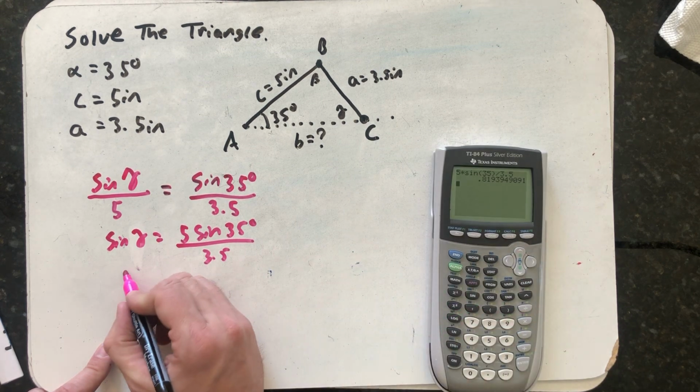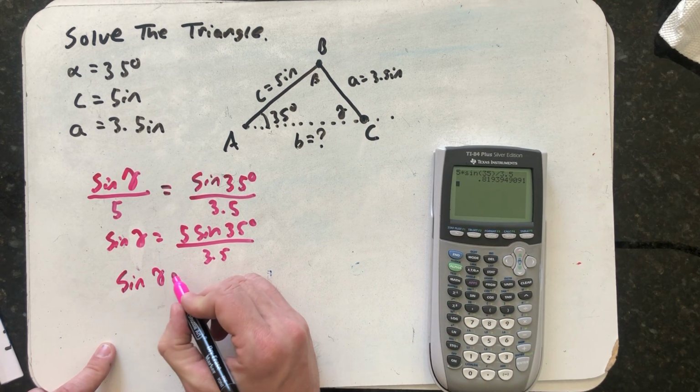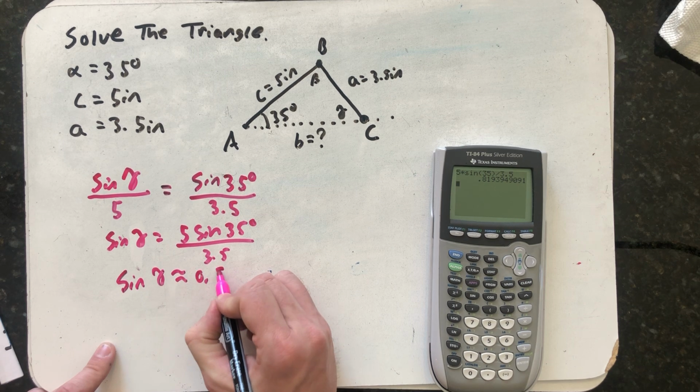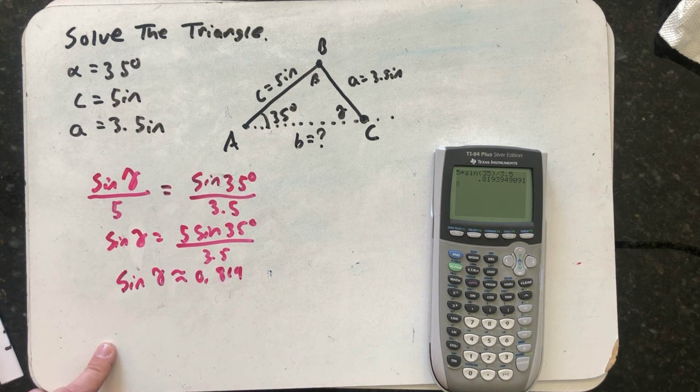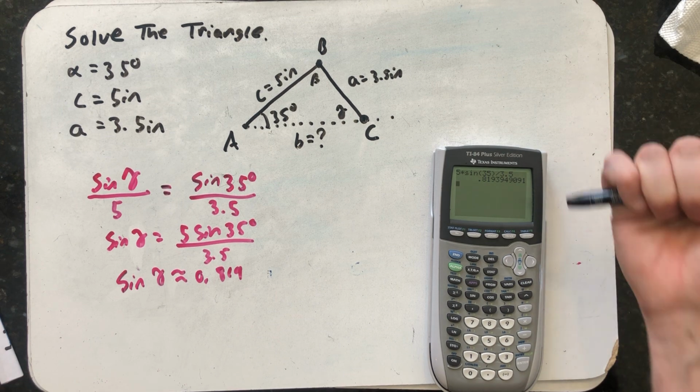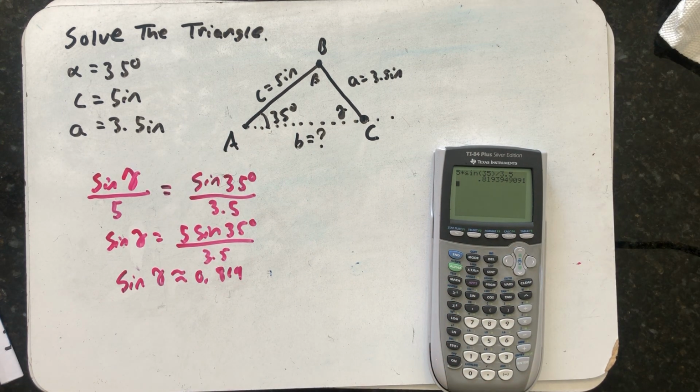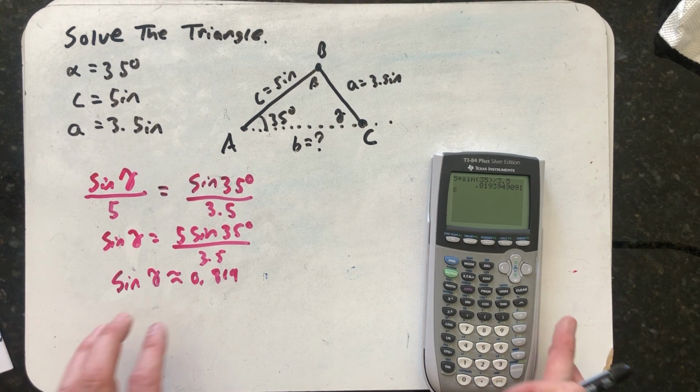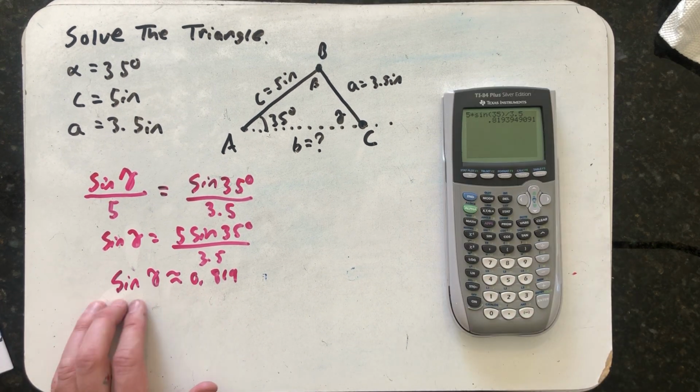And so just for right now, I'm going to write the sine of gamma is about 0.819. Now, I'm not going to ever type 0.819 into my calculator. I'm going to use all the decimal places the calculator can hold to make my answer as precise and accurate as possible.